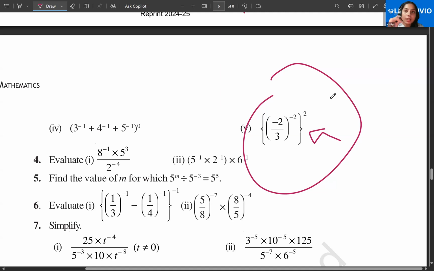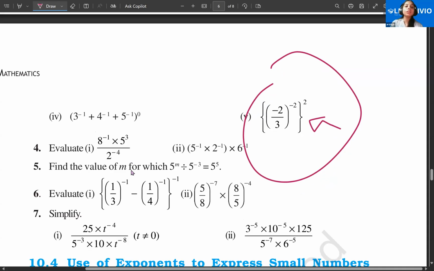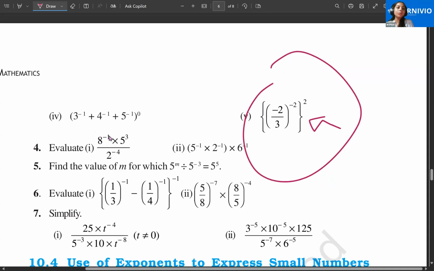I was saying, we'll do 2 by 3, and then we'll do it to the power of negative 2 multiplied by 2. Okay. So your power will be -4, right? Yes. And then for the negative, you'll just reciprocate the number. Correct. Yes, ma'am. Now, for these questions, evaluate, and you have this in division.